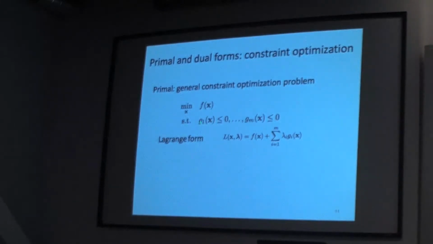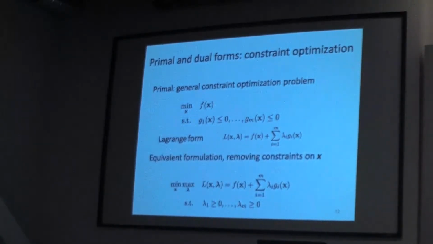For each constraint function we introduce a Lagrange multiplier: for g1 we introduce lambda 1, for g2 lambda 2, and for gm lambda m. Our Lagrange function is defined as the original objective f of x plus a summation of those constraint functions multiplied with the corresponding Lagrange multipliers. This is called the Lagrange function.